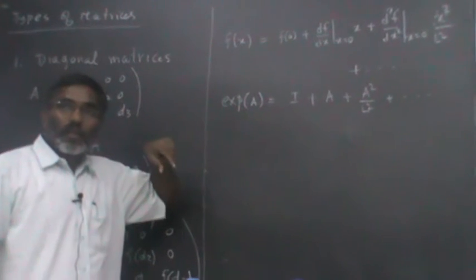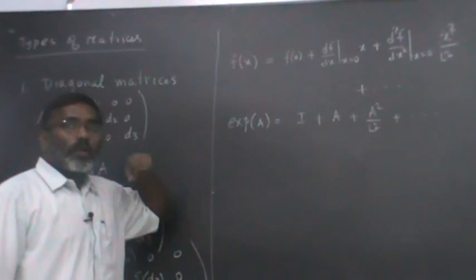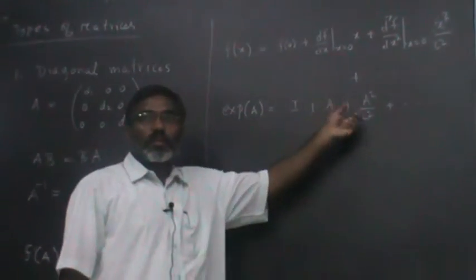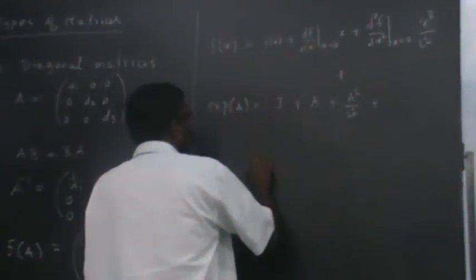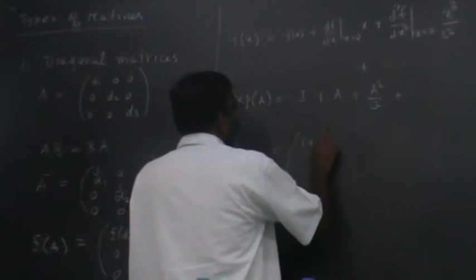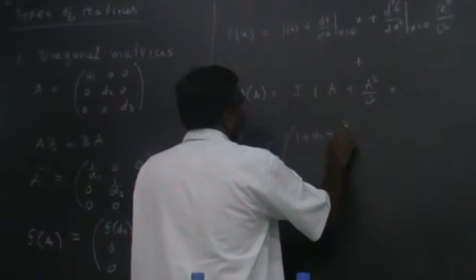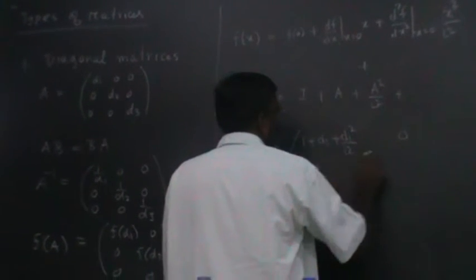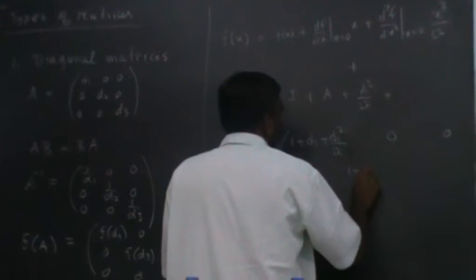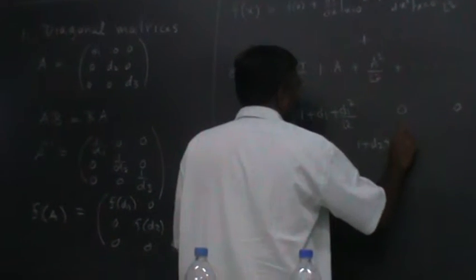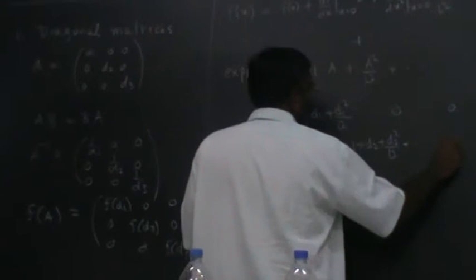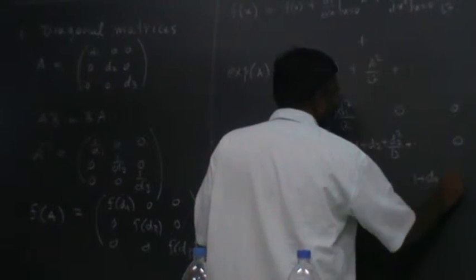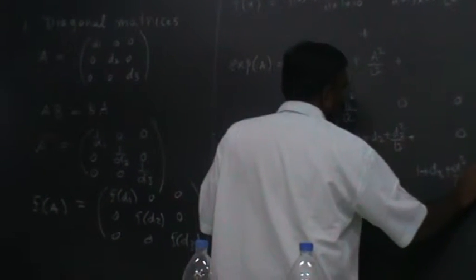But if it is a diagonal matrix, then A squared is nothing but D1 squared, D2 squared, D3 squared. So you will see this will be like 1 plus D1 plus D1 squared by factorial 2, and so on, in the first entry, 1 plus D2 plus D2 squared by factorial 2 in the second, and 1 plus D3 plus D3 squared by factorial 2 in the third.